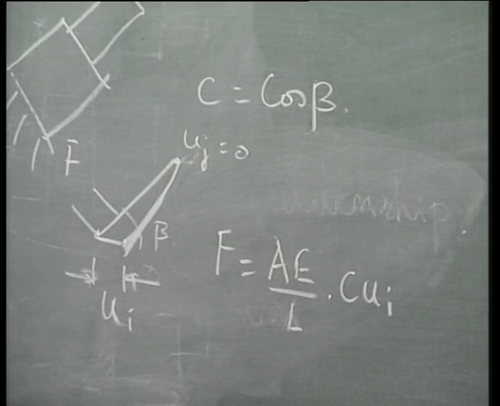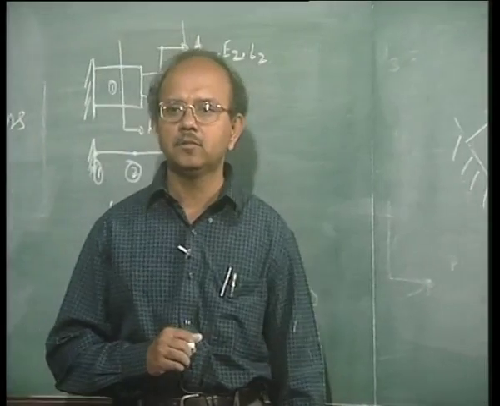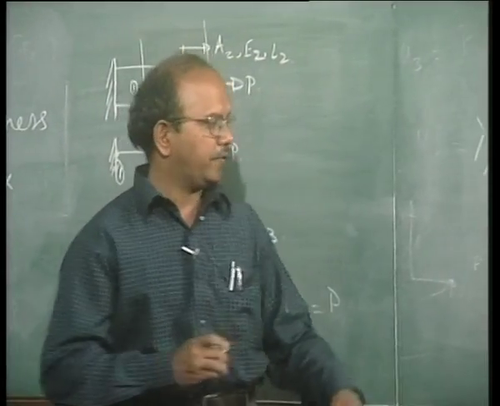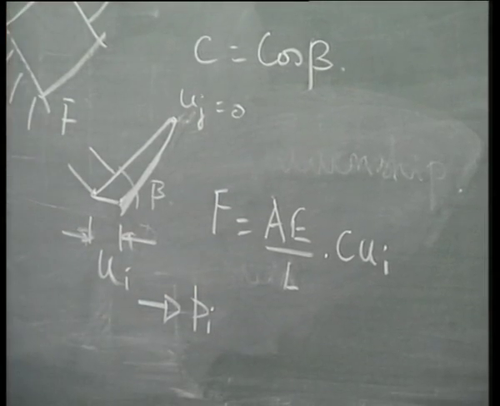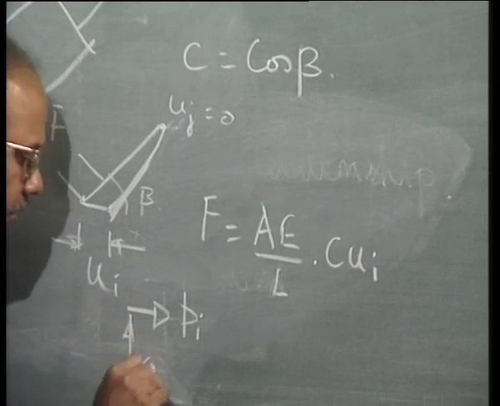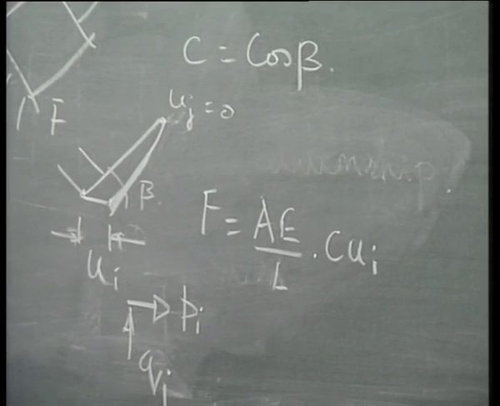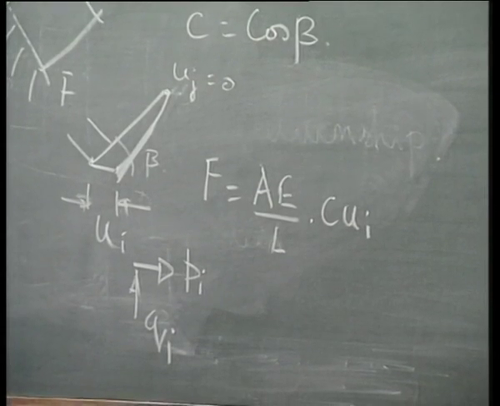And this force is now resolved again in the x and y direction, which means that if I call this force that is acting in this direction as, say, Pi, and the force that is acting in this direction as, say, Qi, then Pi is what?